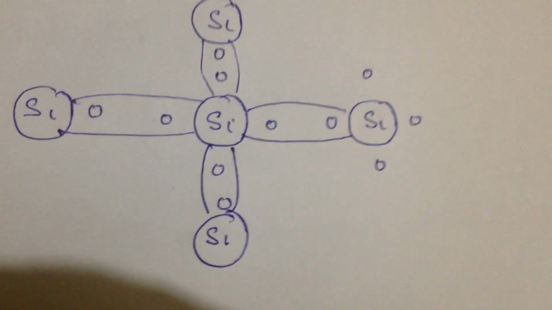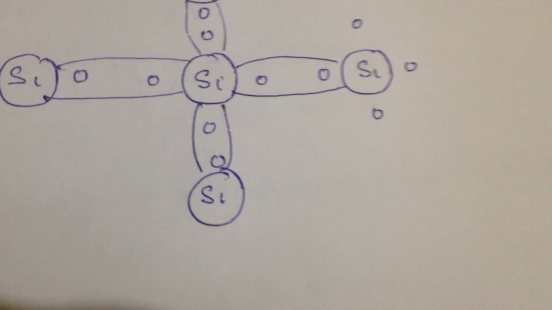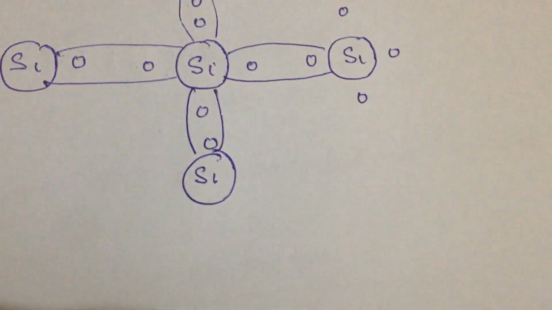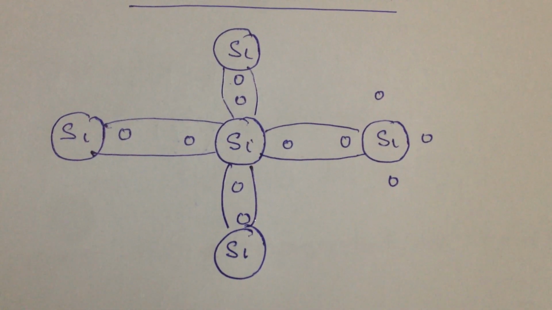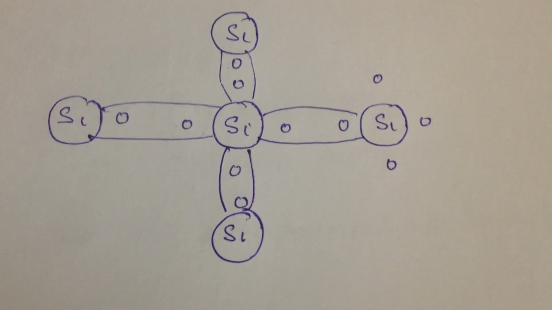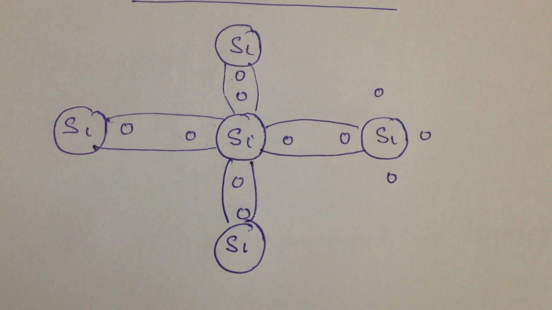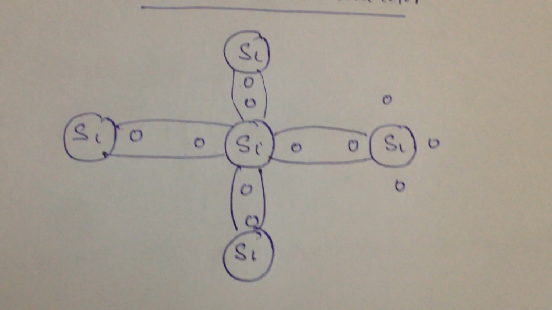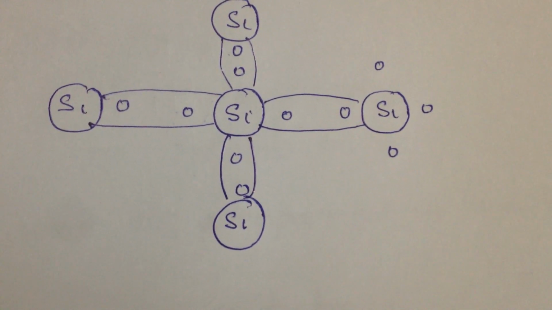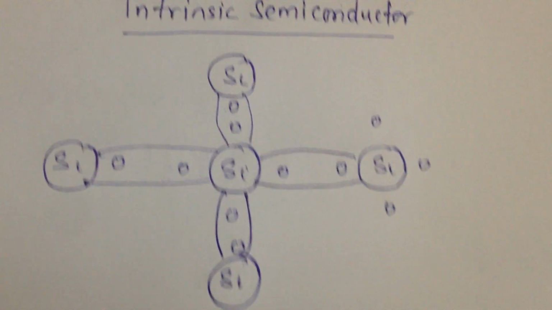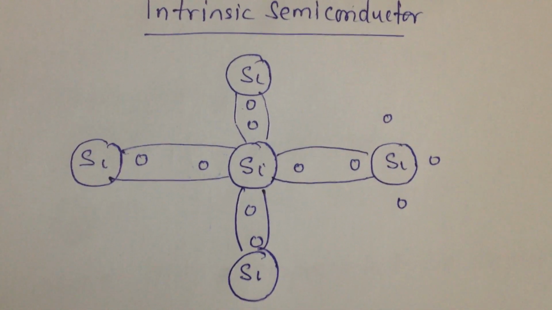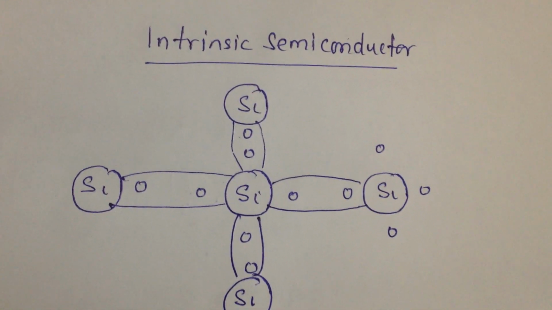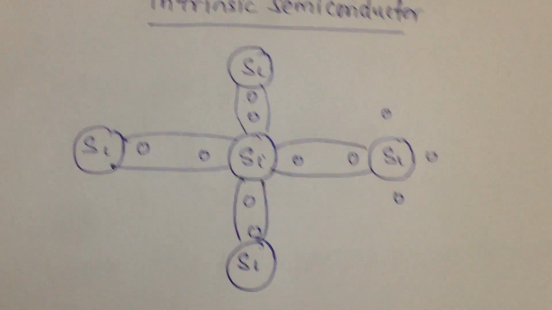But this conduction is very small, and it is not applicable in electronic circuits. So we need to increase the conductivity of the intrinsic semiconductor. How can we do that?